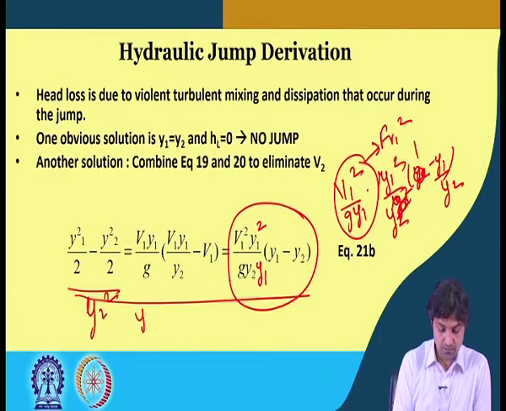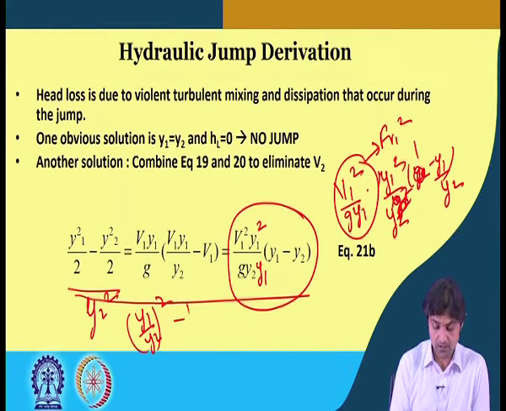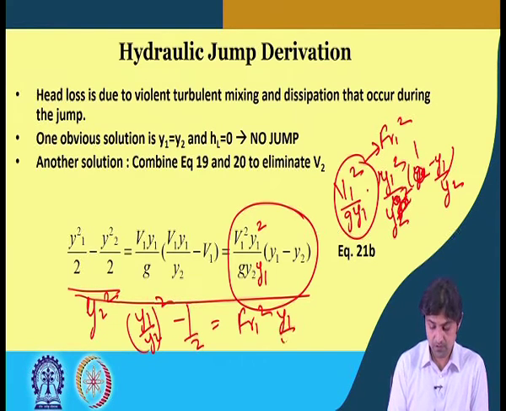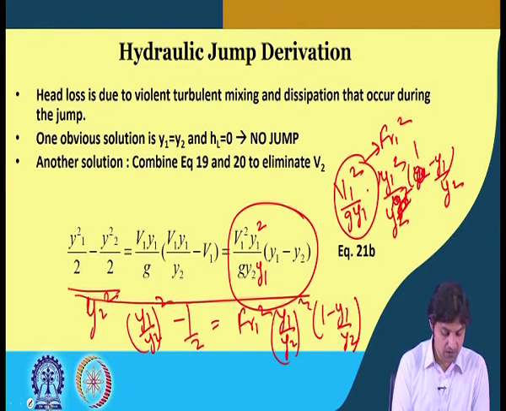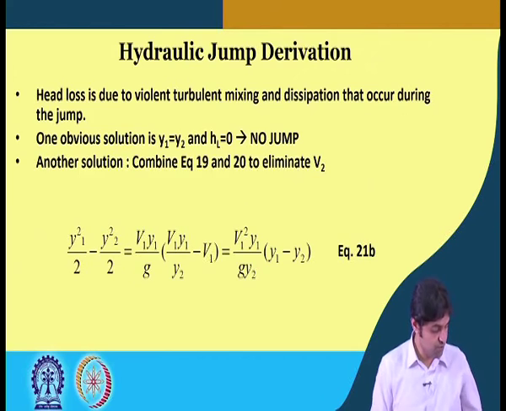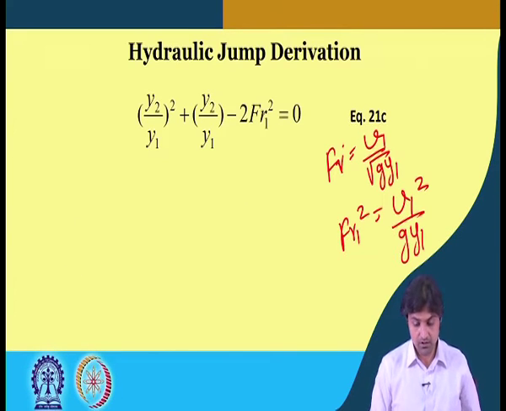So, this will become y1 by y2 whole square, and this becomes minus 1 by 2 is equal to Froude number whole square y1 by y2 whole square into 1 minus y1 minus y2. And this on rearranging will come out to give this equation.